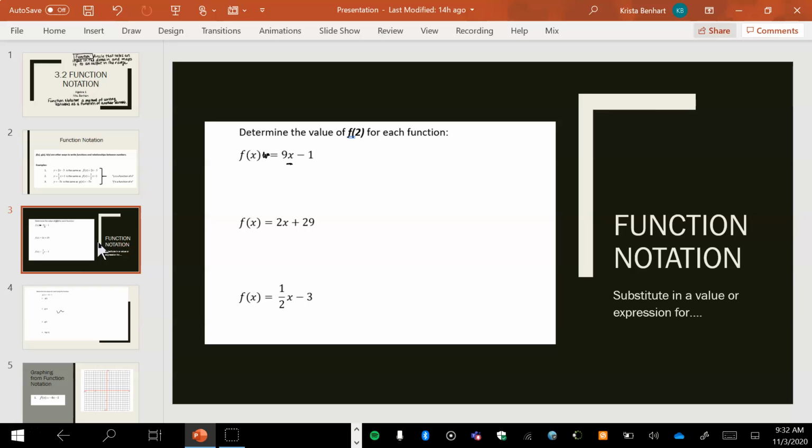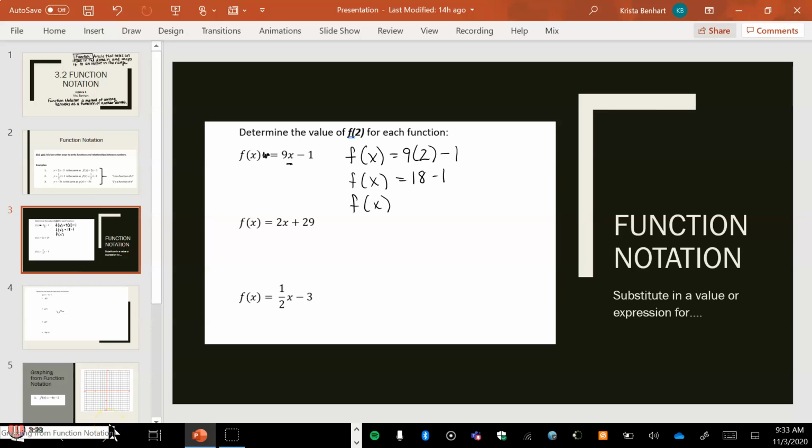So you're going to plug in 2 for that x. So f of 2 is 18 minus 1, which is really 17.